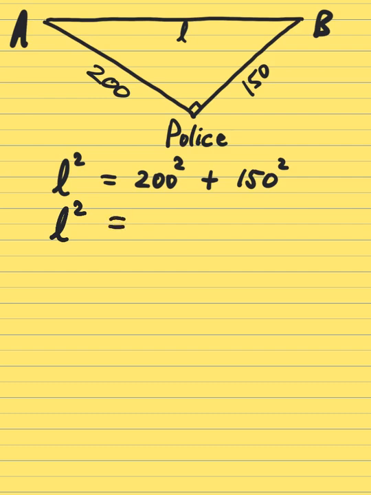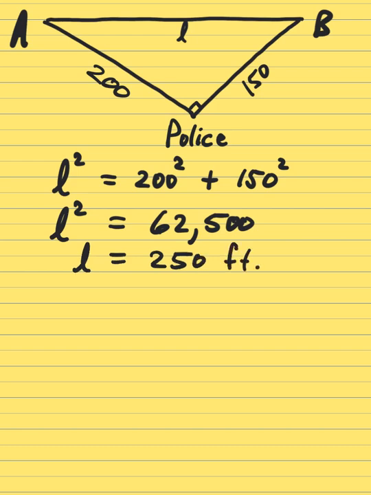So 200 squared plus 150 squared gives us 62,500. And so L is the square root of that. Square root of 62,500 is 250. That's the first thing we're asked to find on that problem.